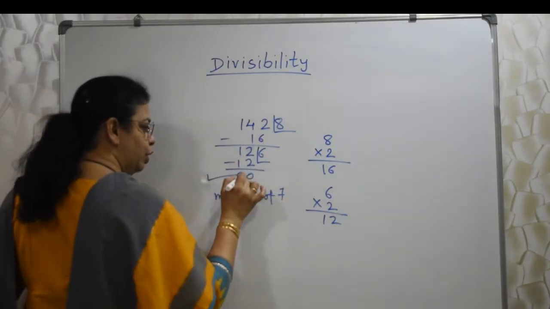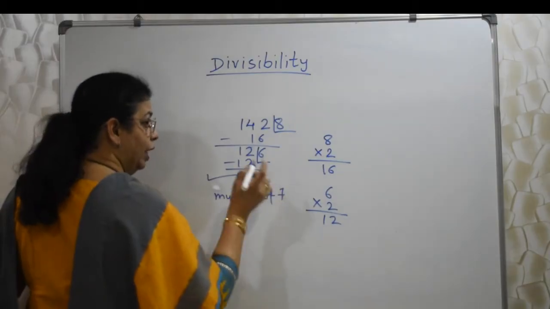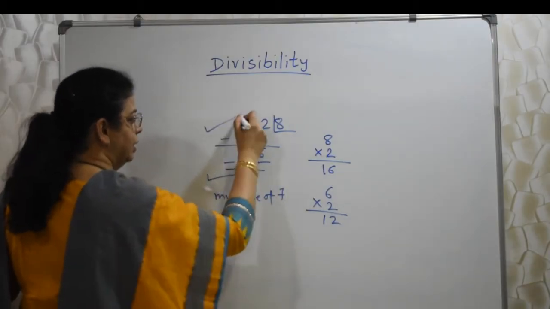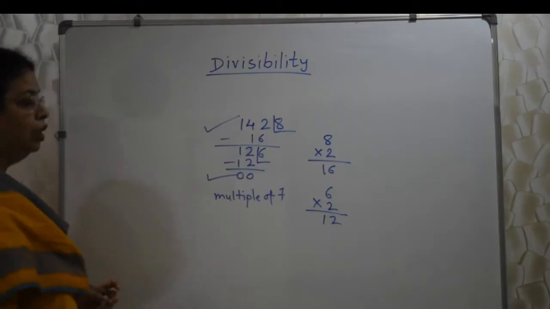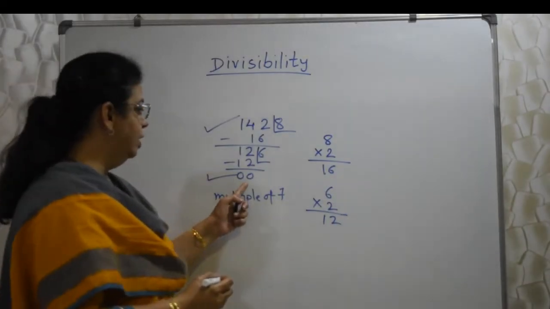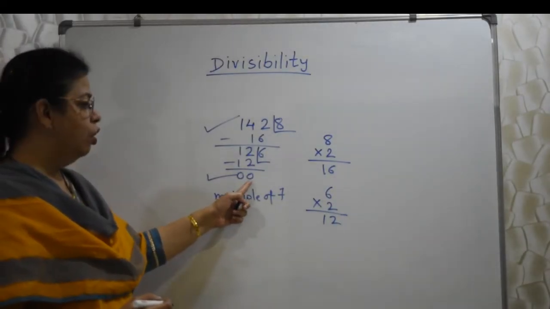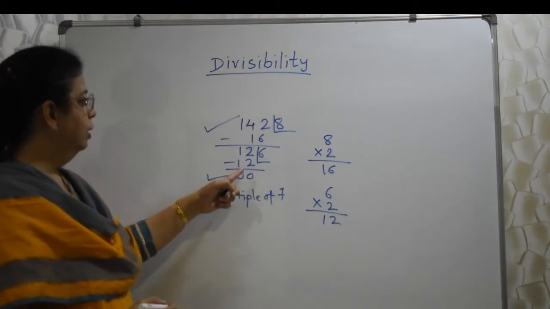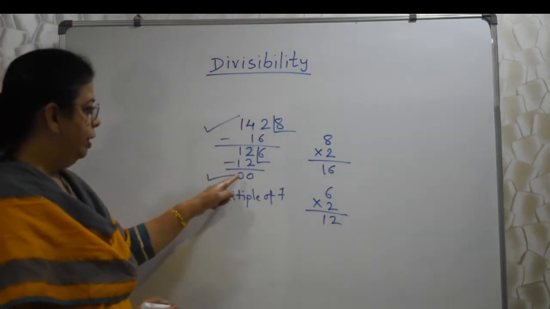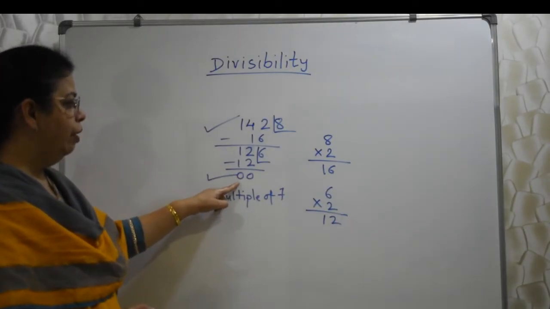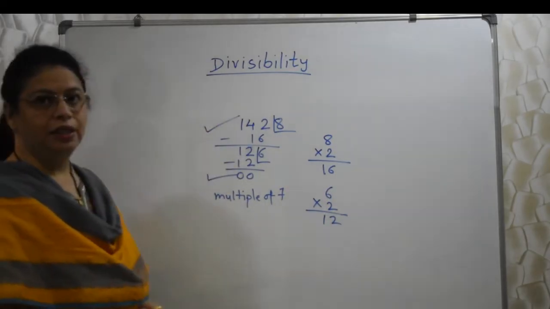You will get 0 or a multiple of 7. In that case you have to say yes, this is divisible by 7, otherwise no. If you get 6 here, which is not a multiple of 7, then the answer is no. But here we got 0, a multiple of 7, so the answer is yes.